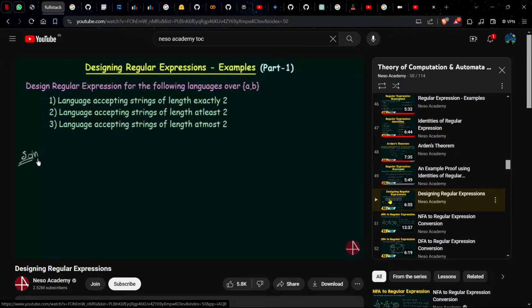Okay, so let's do the solution over here. Let us first do the first one. So let's say this is language L1, and this is a language that should accept the strings of length exactly 2.